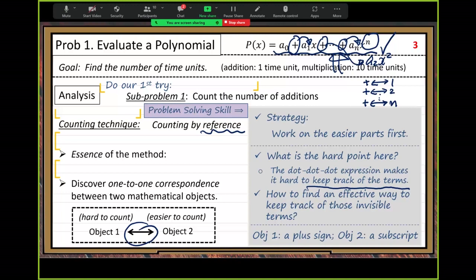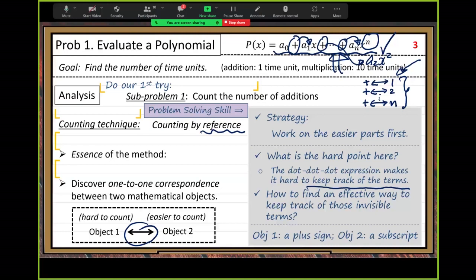And the sequence of plus signs cover these consecutive integers from 1 through n. But counting plus signs directly is relatively hard, while counting the number of subscripts is much easier, right? Now counting the column of all these consecutive integers 1 through n, it's trivial.